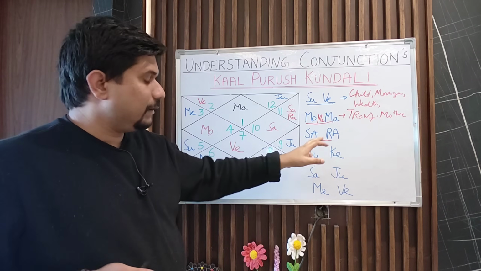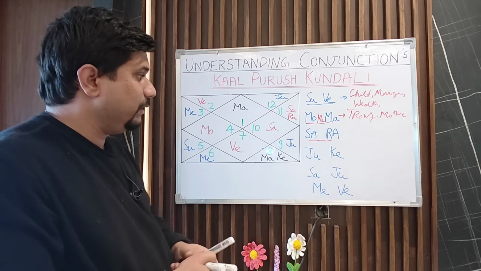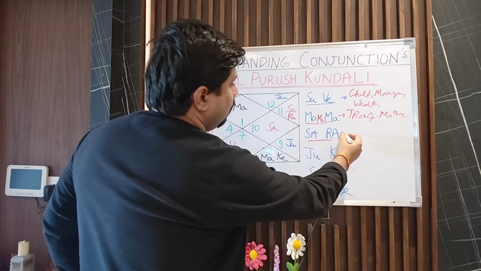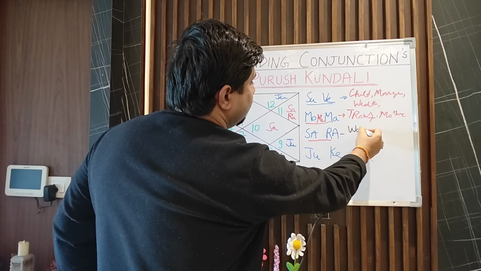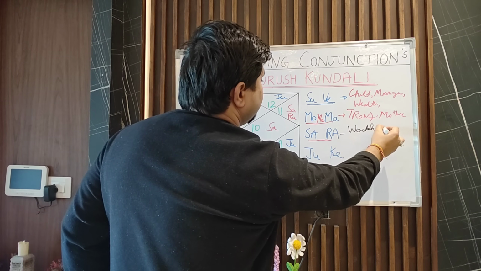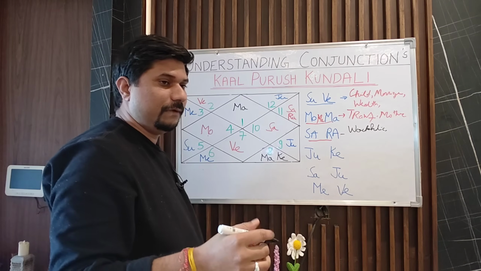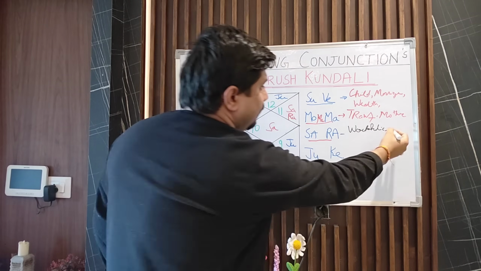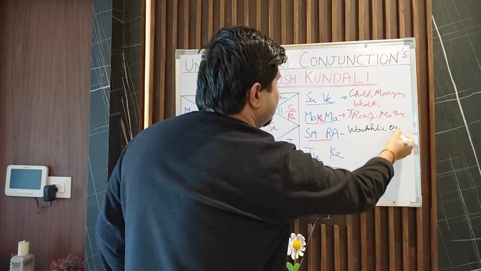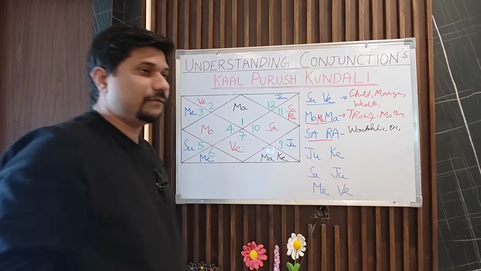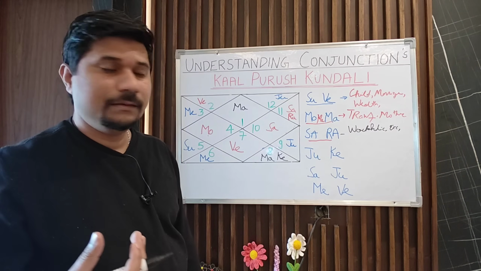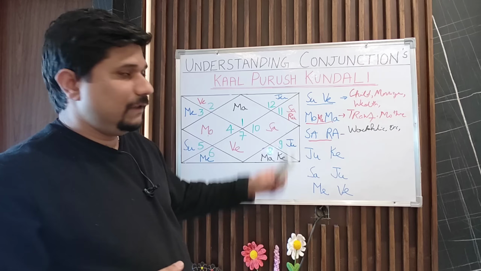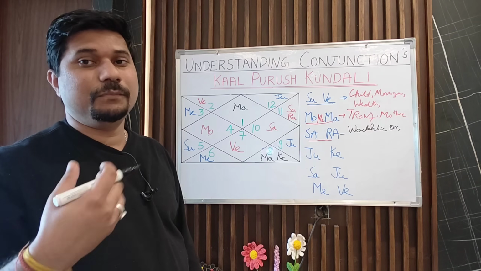It means first of all, Saturn and Rahu conjunction is naturally going to make you a very workaholic person, okay? Workaholic personality. This is also going to make you a very eccentric person. And this conjunction also has the capacity to give you wealth. It also has the capacity to amplify your desires to a very large extent.